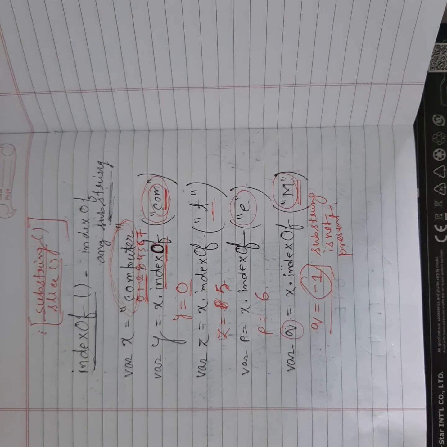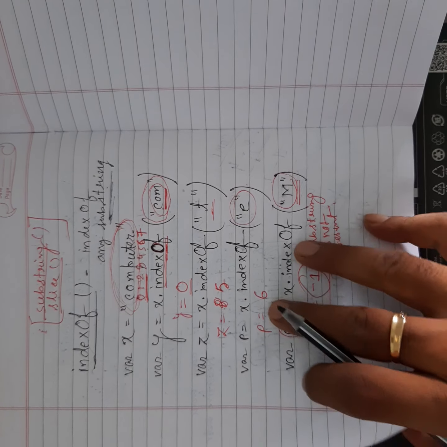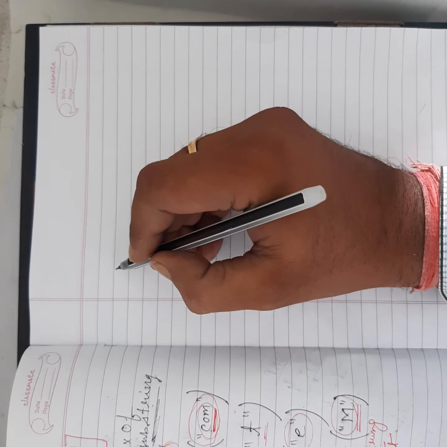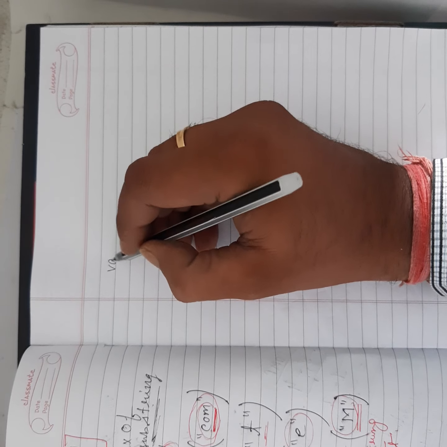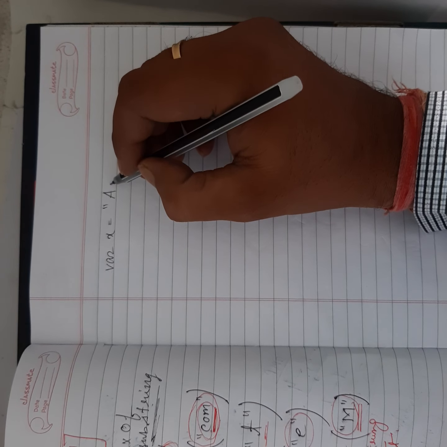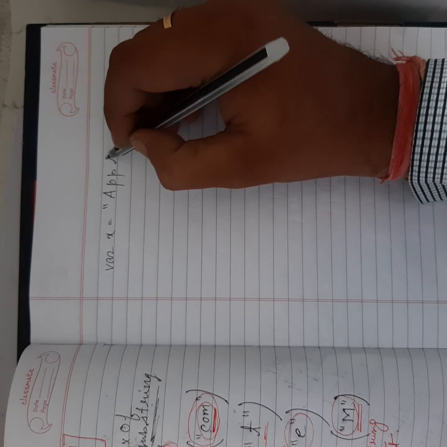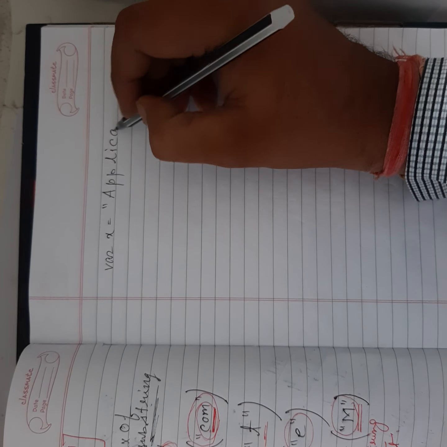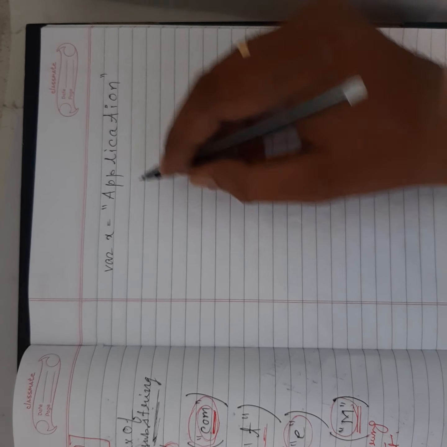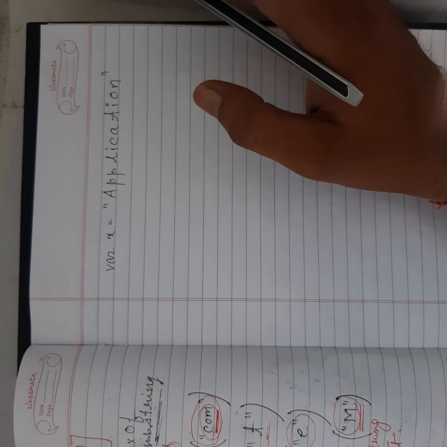Next we will take a few more examples using indexOf. Suppose we have one string where x equals, for example, application. This is simply a string.